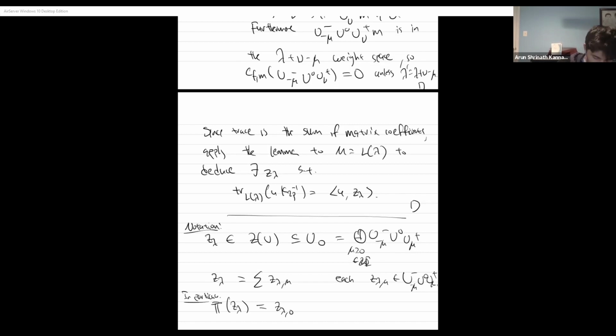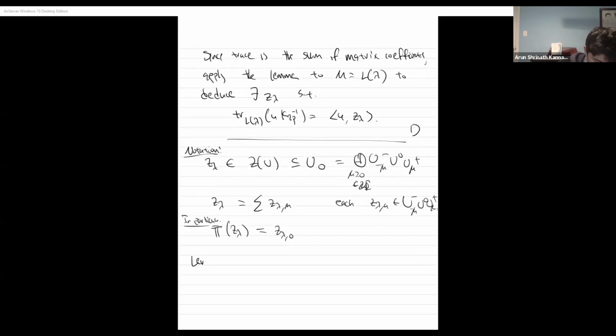Okay, so we have the final lemma, which is lemma 21. Let Z lambda be as in the previous proposition. If Z lambda of 0, which lies in U upper 0, is of the form, so we can write it as such.